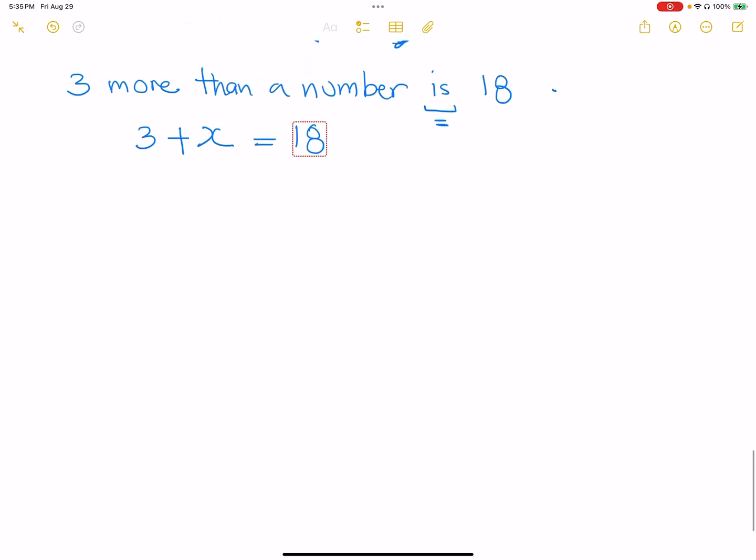Let's do another example. Let's say you are given a rectangle, and someone says, write the perimeter or calculate the perimeter.